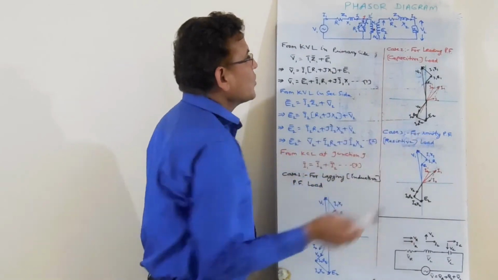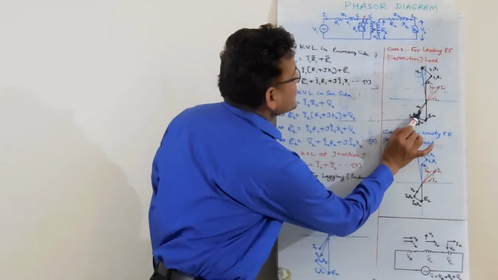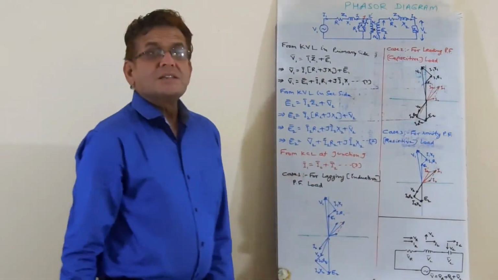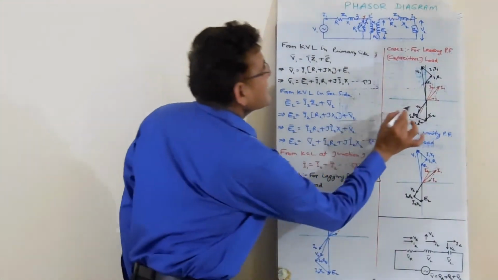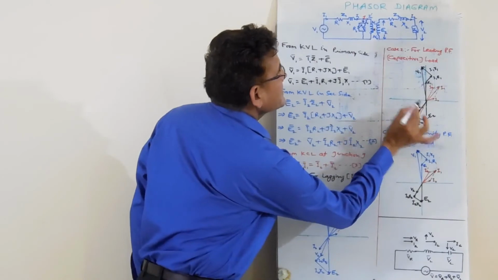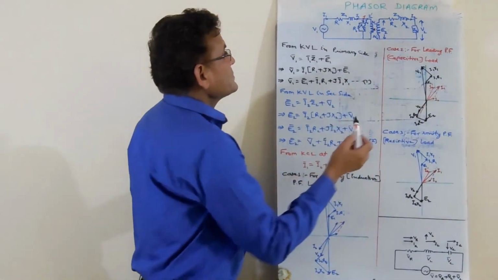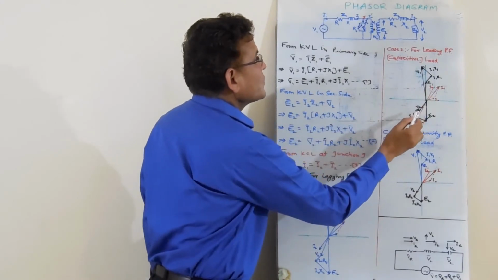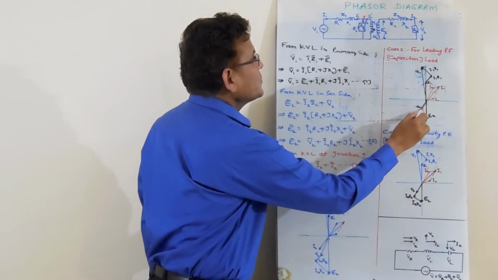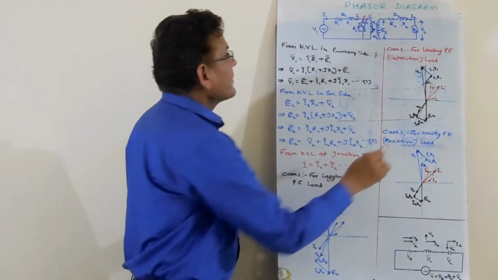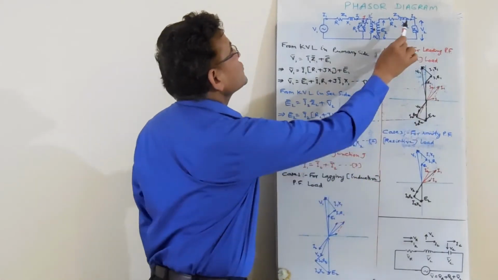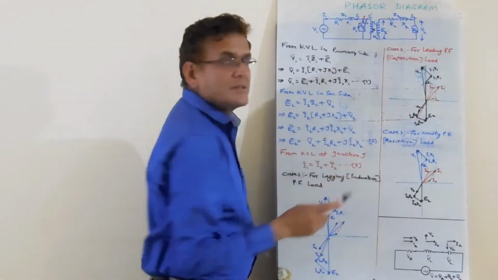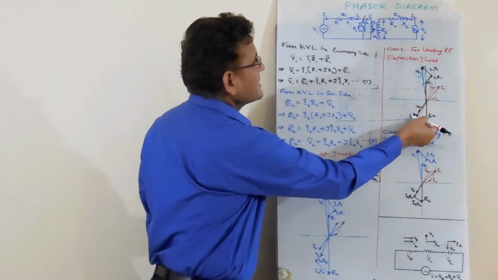Now in secondary side, V2 is load voltage and I2 is in this direction. Current leads the voltage by this angle. So secondary current is in this direction. So I2 R2 will be parallel to current I2, and I2 X2, voltage drop in secondary leakage reactance, will lead the current by 90 degree in this direction.